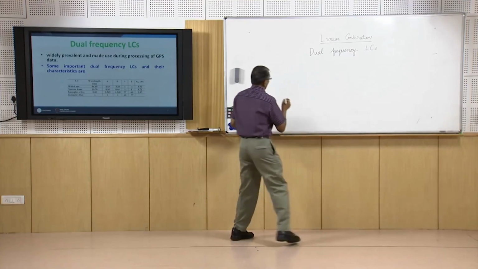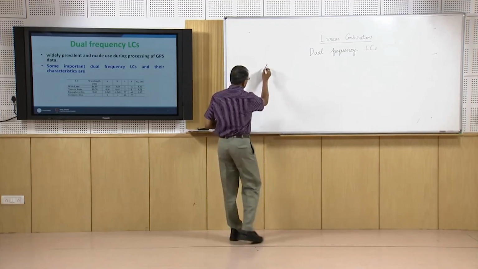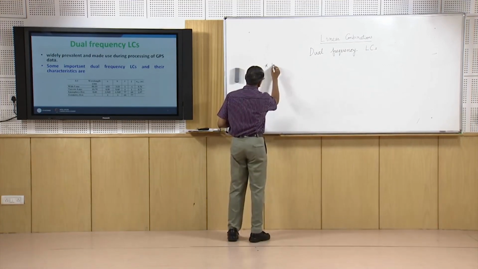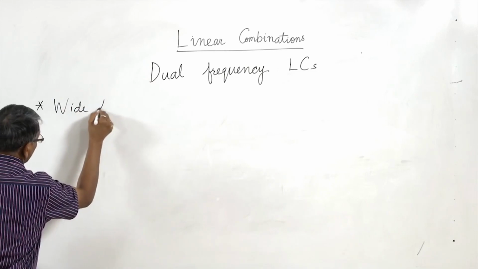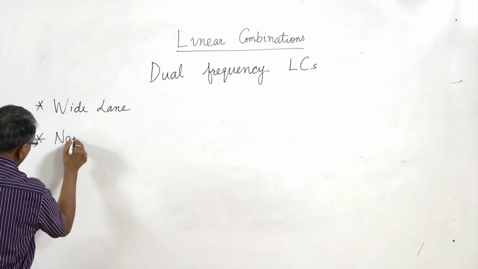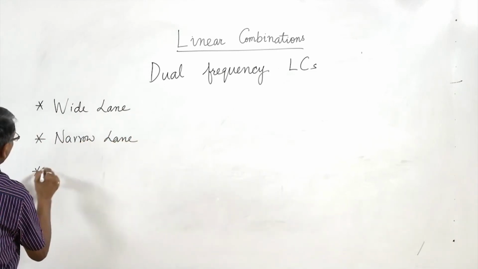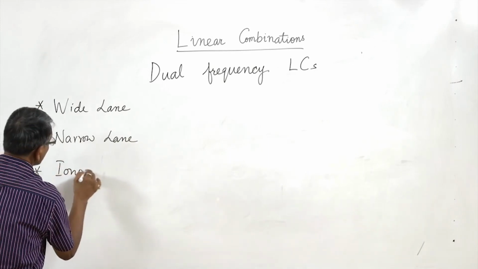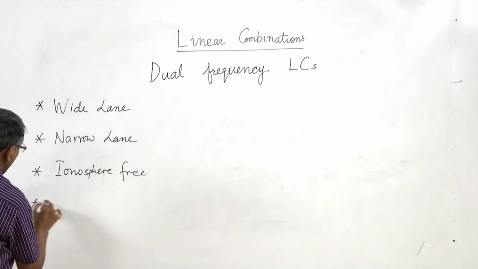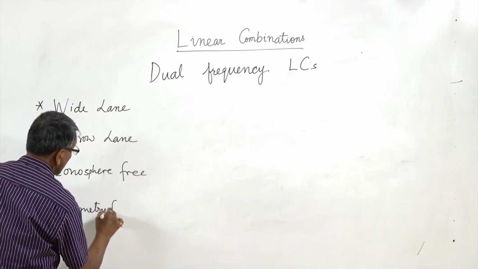Of these there is a big list, among which the most widely prevalent are wide lane, narrow lane, ionosphere free, and geometry free.